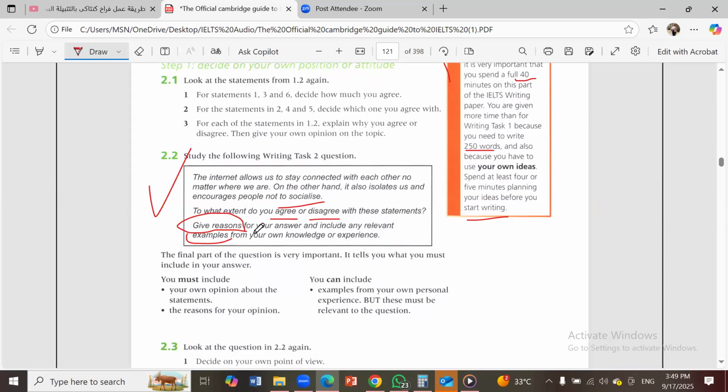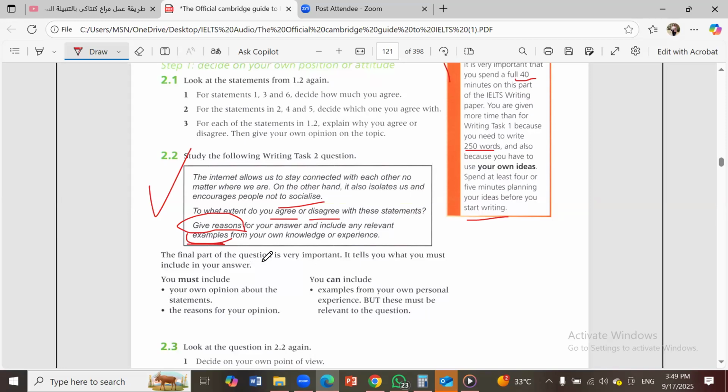You got it? So you have to read the instructions very well, not to drop any achievement. The examiner must read your opinion, your reasons and your examples. Your essay must contain these facts.